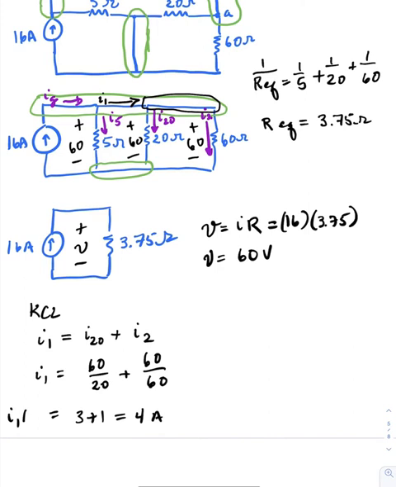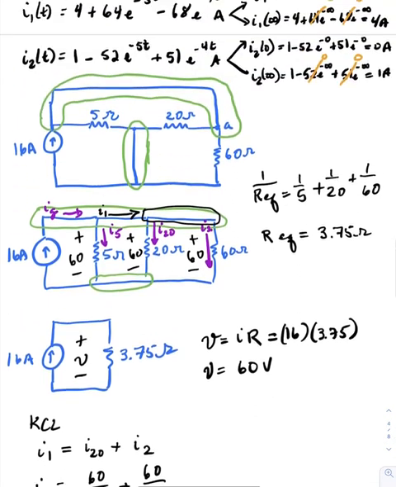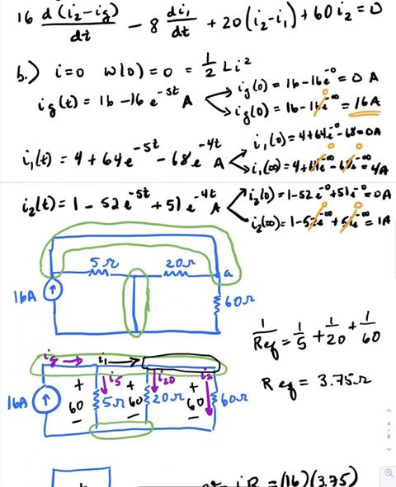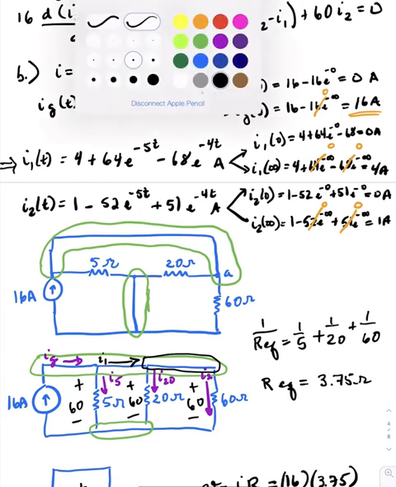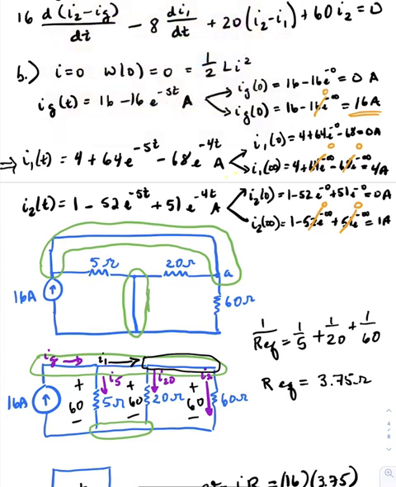And I guess I should clarify that this is at infinity. So given the original equation here, we found that I sub 1 at infinity is equal to 4 amps.